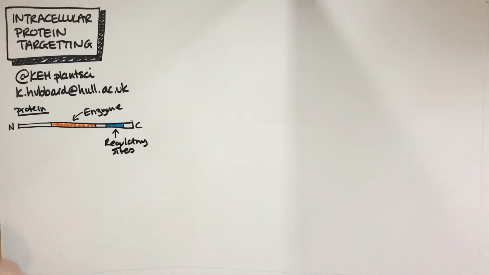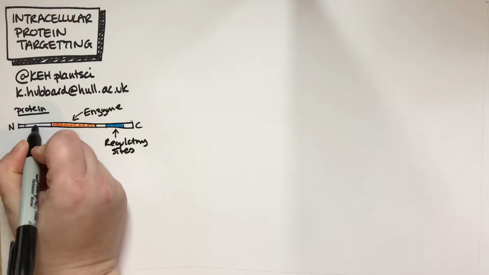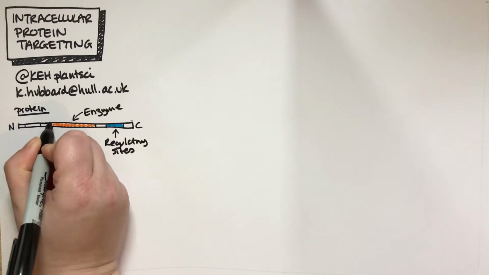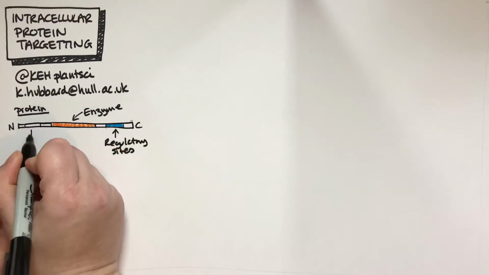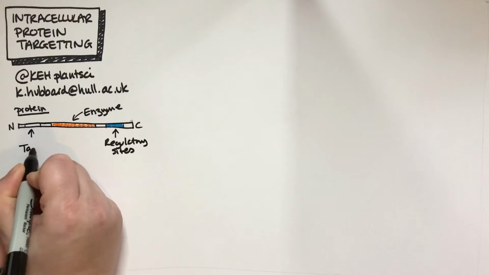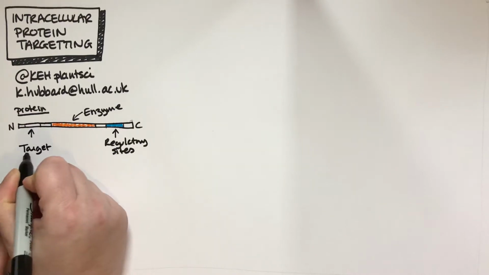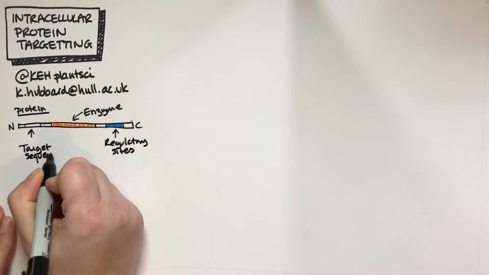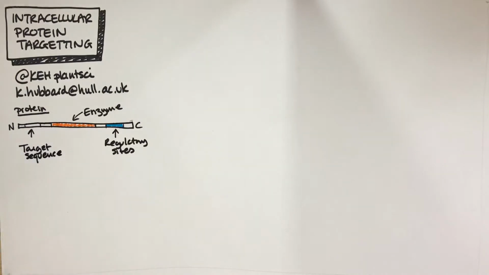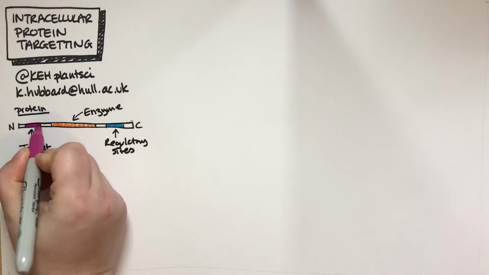But what you also have in most proteins, so any protein that isn't going to be in the cytosol, is some sort of target sequence. It could be right at the beginning of the protein, in the middle, or at the end of the protein.